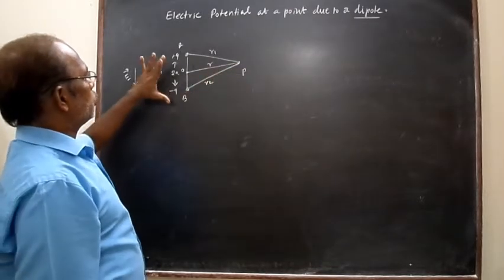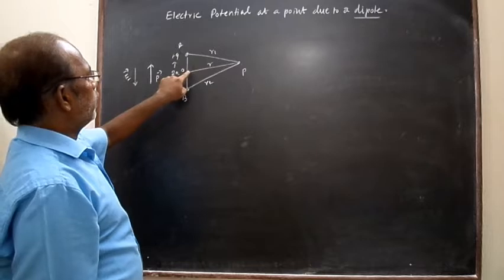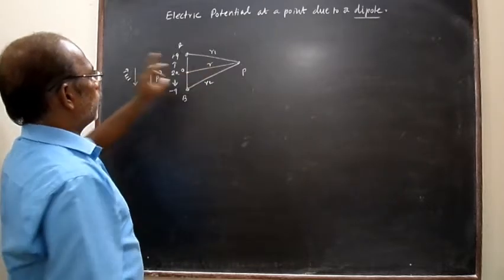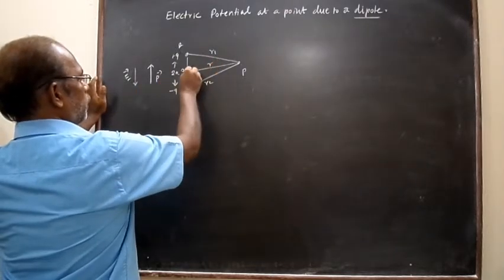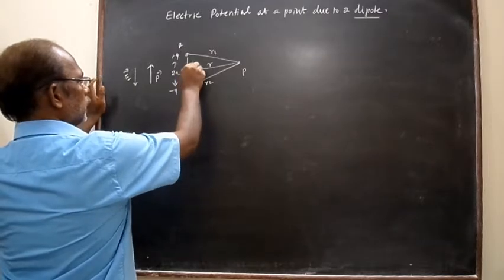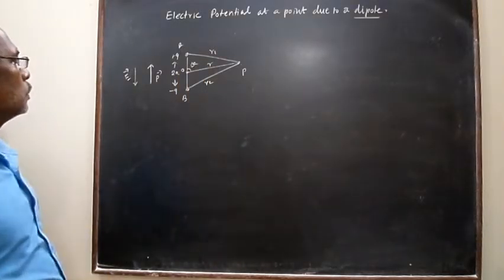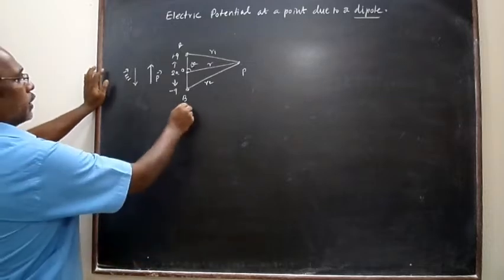And we can assume the angle between the P vector and R vector is theta. Okay, so what is our aim?